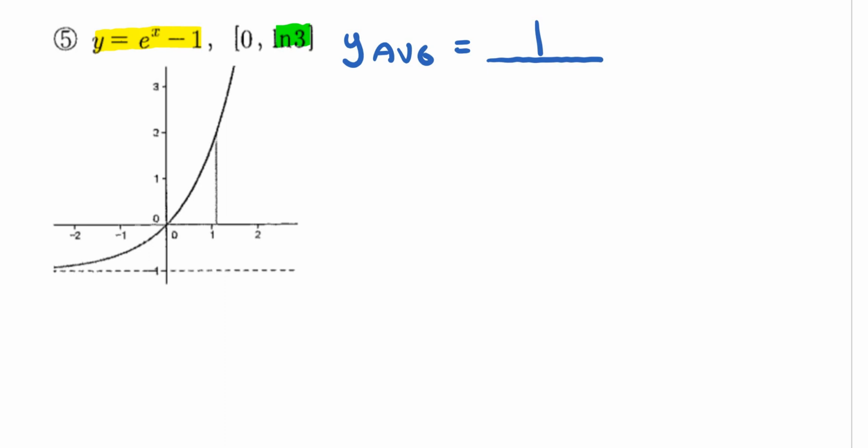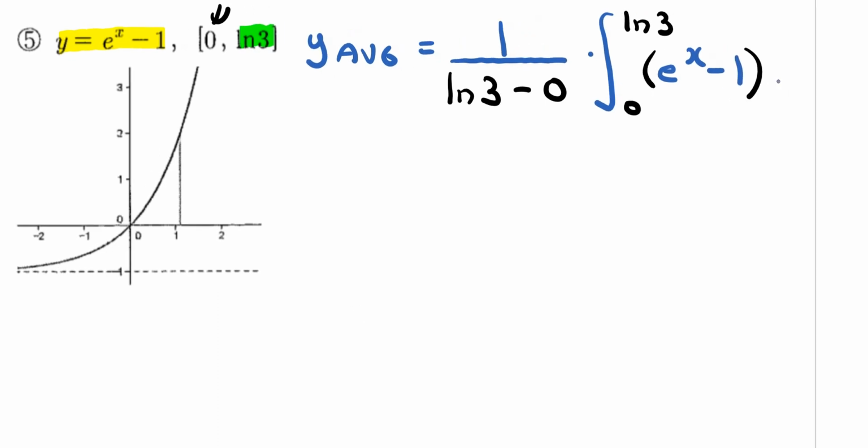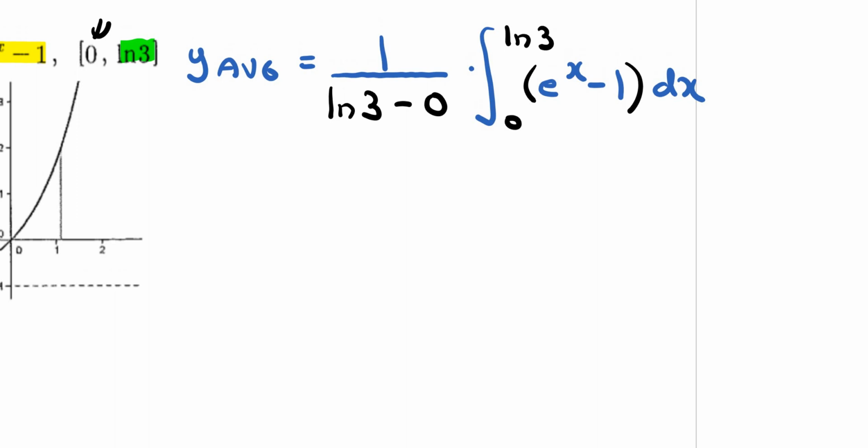My upper bound is ln 3, so 1 over ln 3 minus my lower bound, which is 0, times the integral from 0 to ln 3 of e to the x minus 1, integrated with respect to x, so I need a dx there. So there's my y average formula where I've inserted the right numbers.